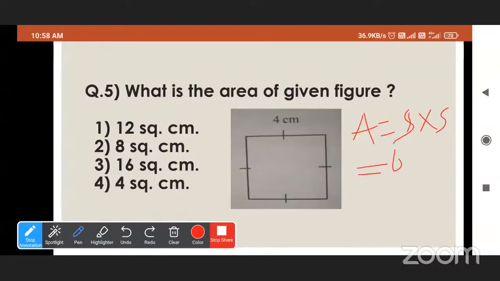S is given here, that is 4. So 4 multiplied by 4 is 16 square centimeter. Yes, this is square centimeter only. Good.